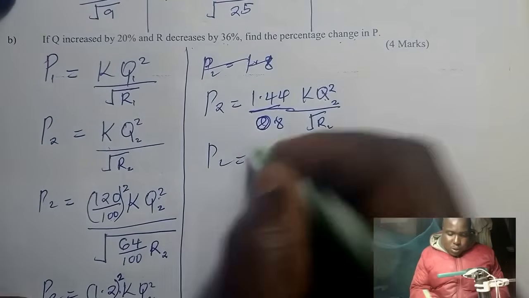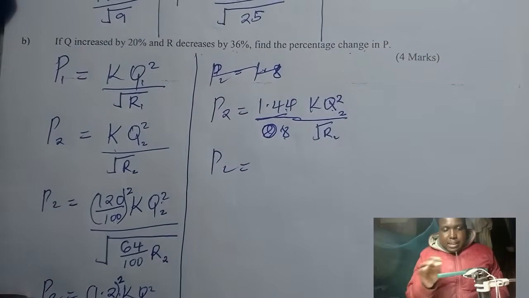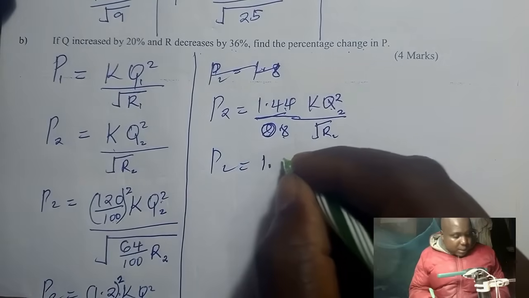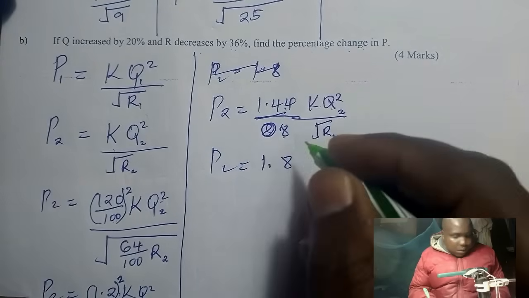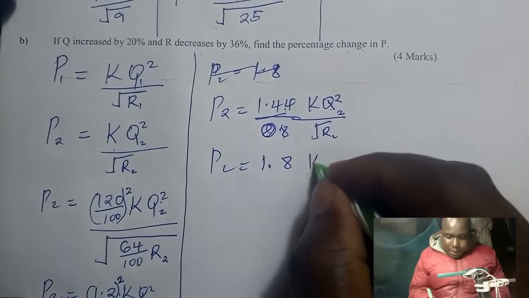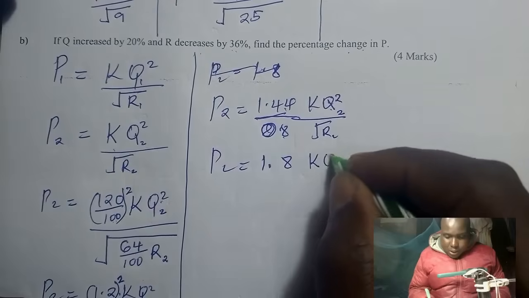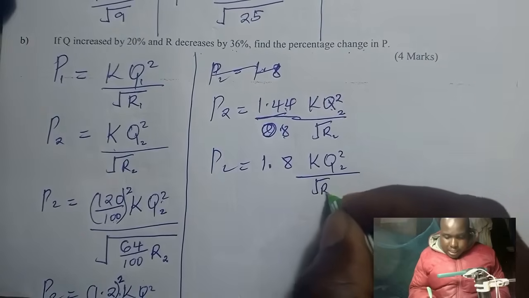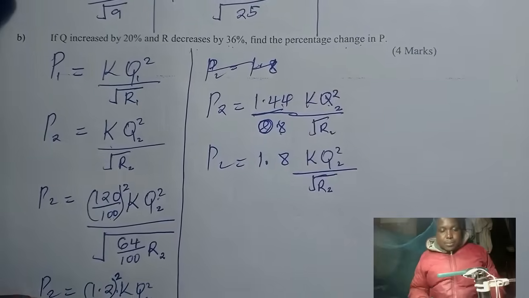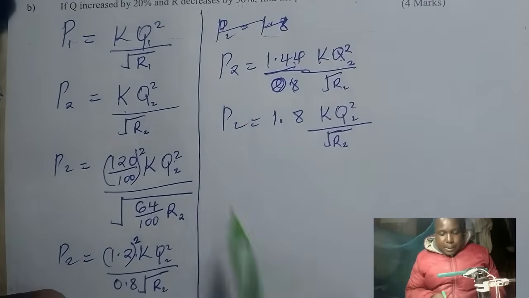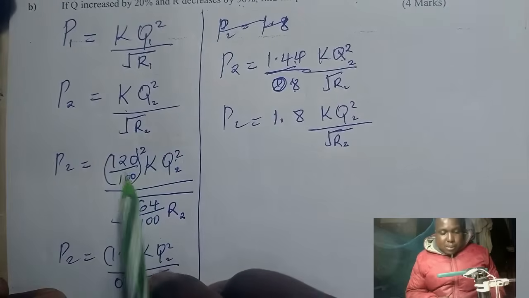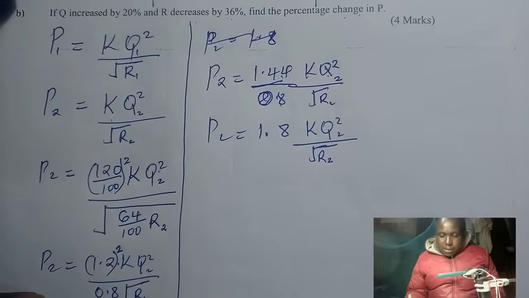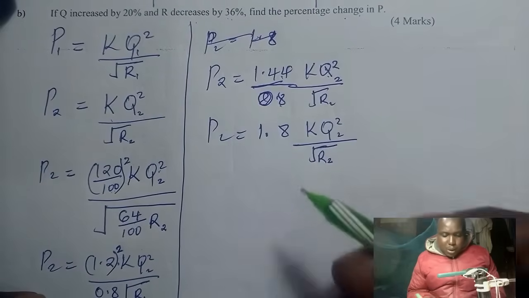So P2, you divide 1.44 by 0.8, you get 1.8 k Q2 squared divided by root R2. Remember, it was squared, you must remember to square. Please don't forget that. Now we have P2, but how do you get the percentage?